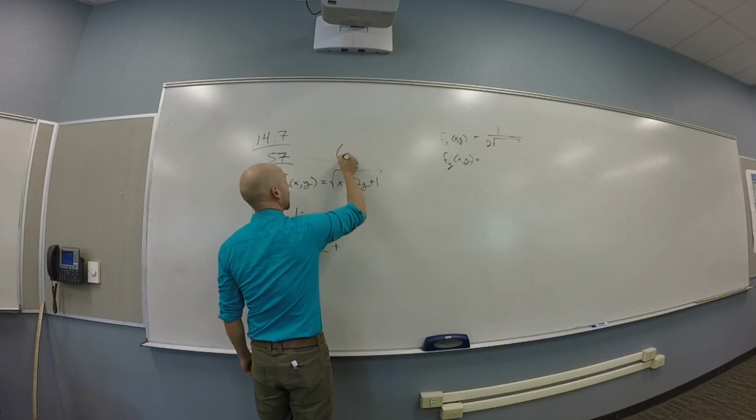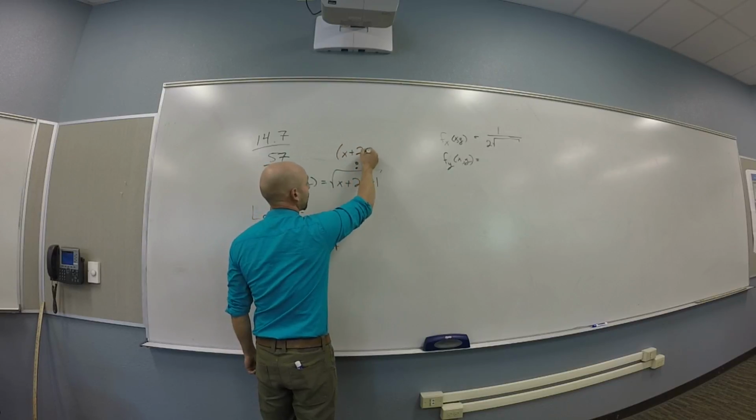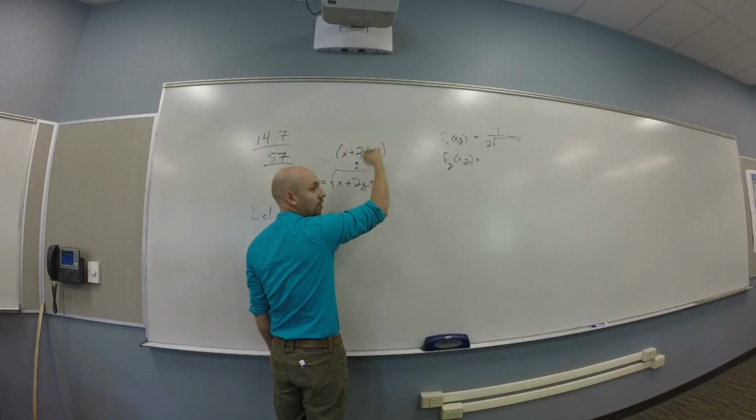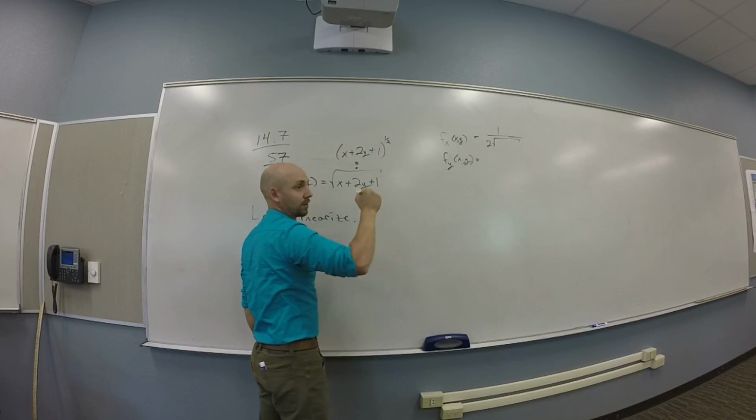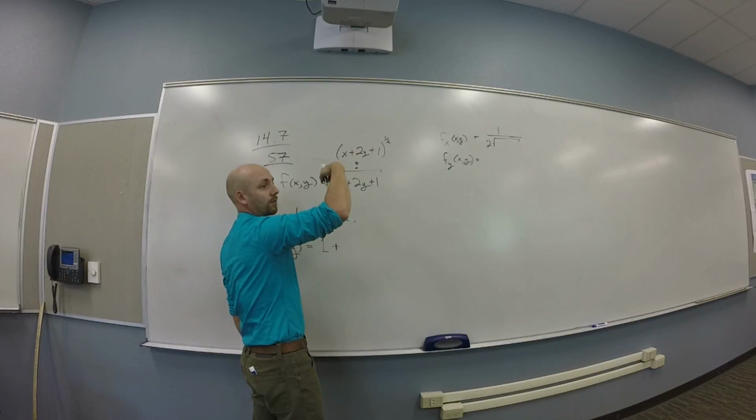Let me think about this as stuff, specifically x plus 2y plus 1, all to the 1/2 power. So I should drop the power down.